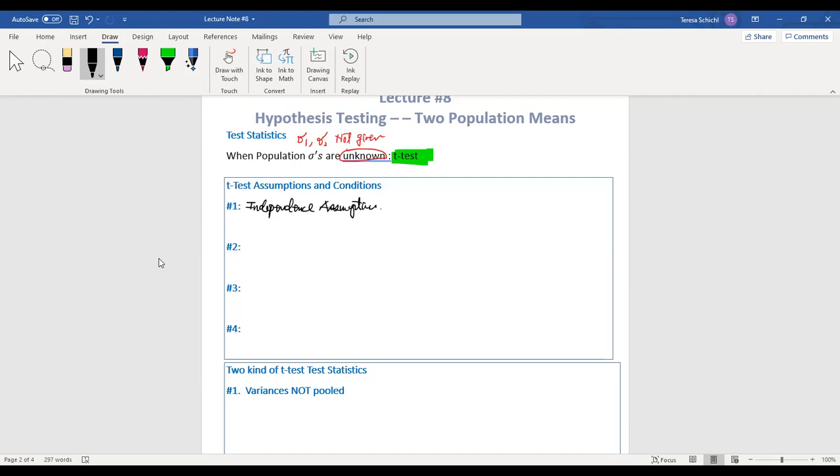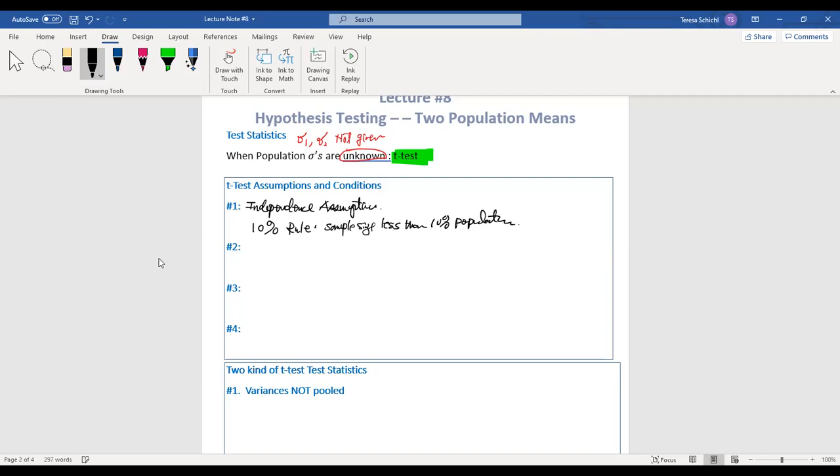The next thing is that independence also needs to follow the 10% condition, or 10% rule. So what does the 10% rule mean? That means the sample size has to be less than 10% of the population.